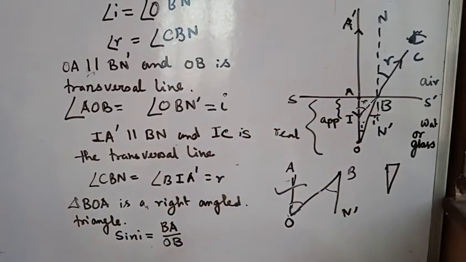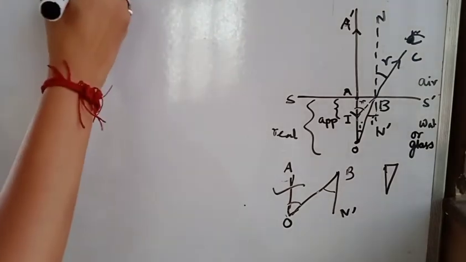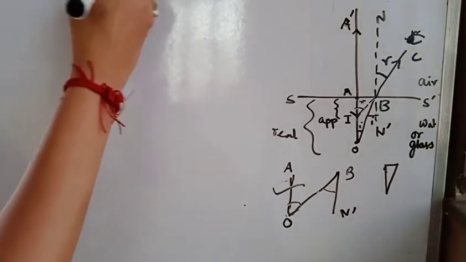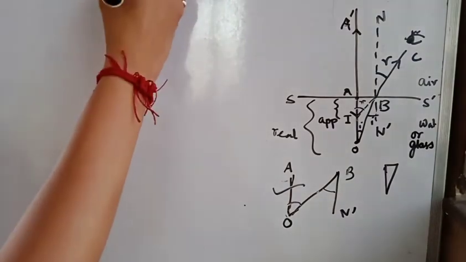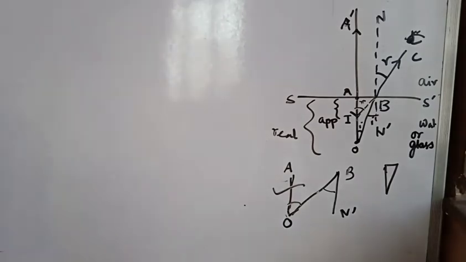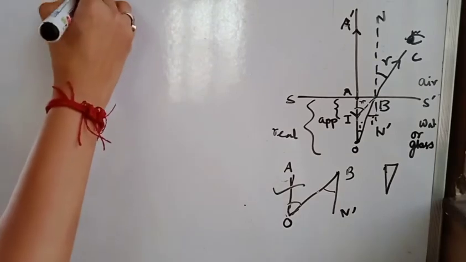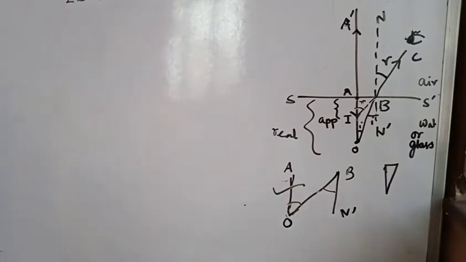So the first thing we take out from this is sine i is equal to BA by OB, right? Now triangle BIA is also a right angled triangle.